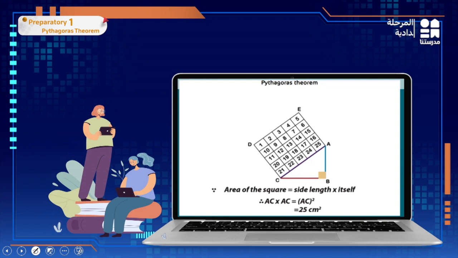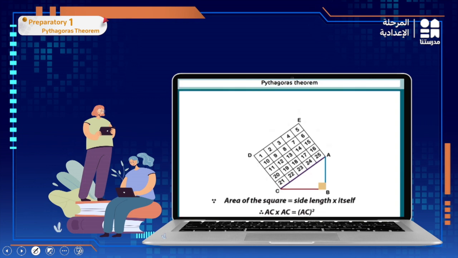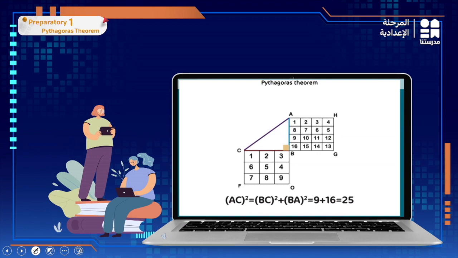Therefore, AC by AC equals AC square, which equals 25 square centimeter. Good job! And you must know that AC squared equals BC squared plus BA squared. So, 9 plus 16 equals 25.